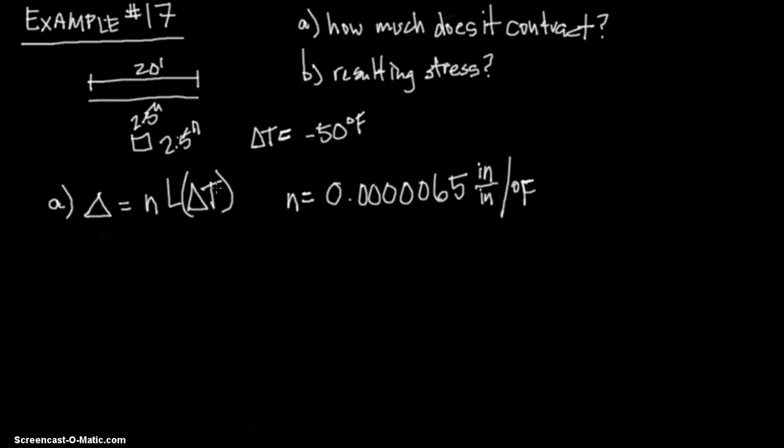When you look at the equation, you'll ask whether everything cancels out. These inches will cancel each other out, so you need to multiply by degrees Fahrenheit, and then you will get what you want in your length.